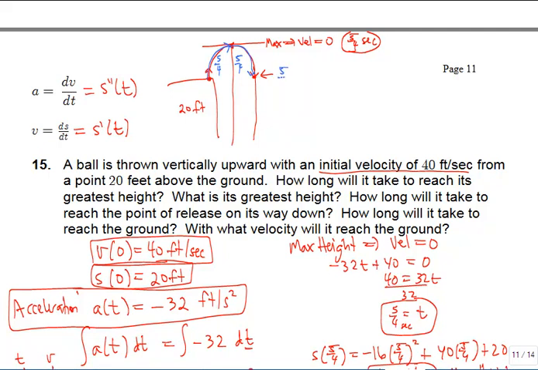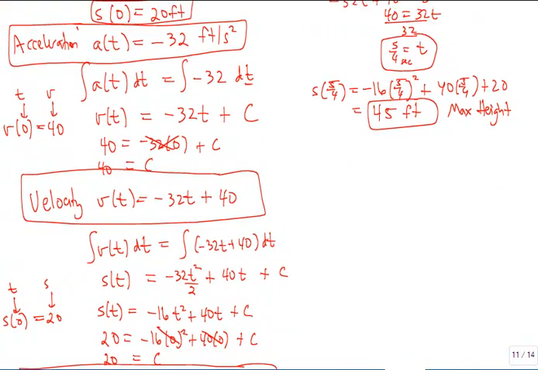So this time right here has to be 5/4 plus 5/4, or 2 times 5/4, which is 5/2, or 2.5 seconds. So it's going to take me 2.5 seconds to reach the point of release going down. Okay, so that was the next question.